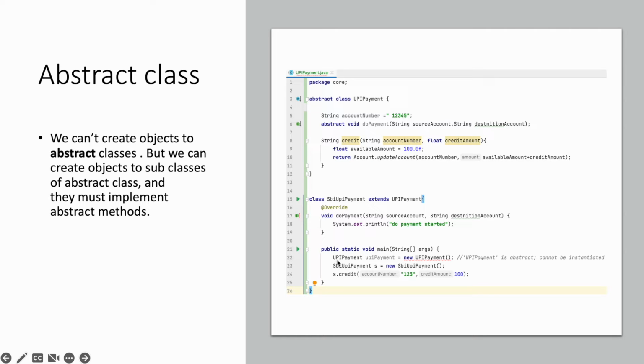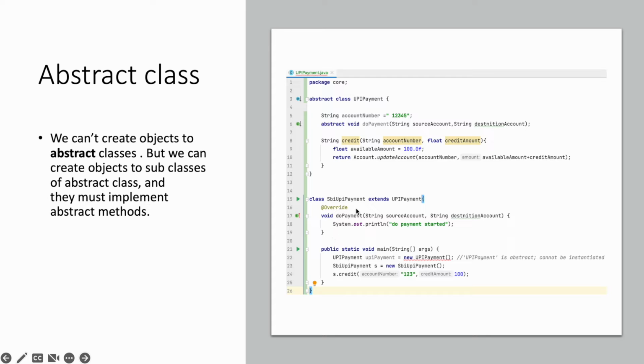When you try to create an object for an abstract class, what will happen? It is giving an error. In line number 22, it is giving error saying that UPIPayment is abstract, cannot be instantiated. So we cannot create objects for abstract classes.